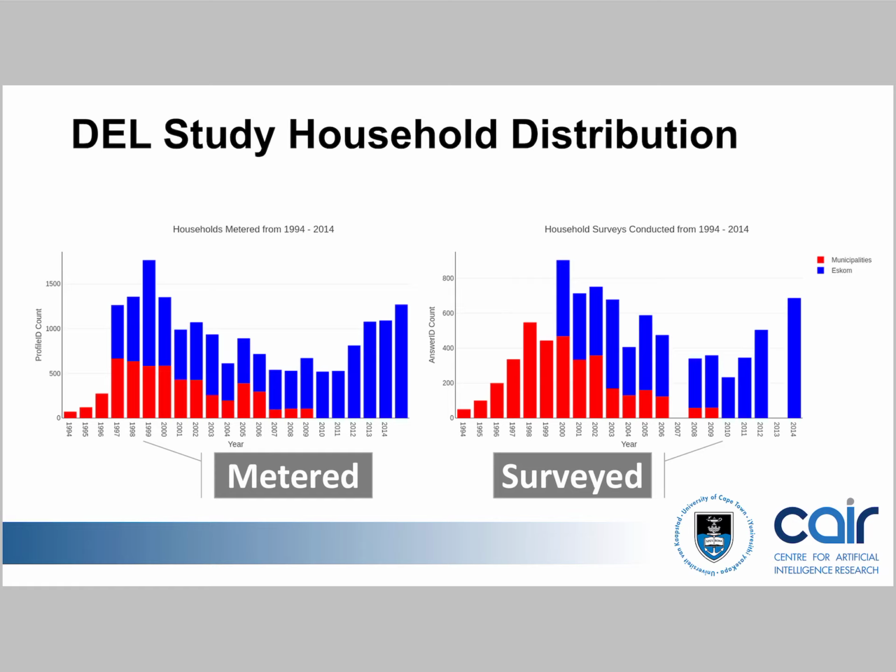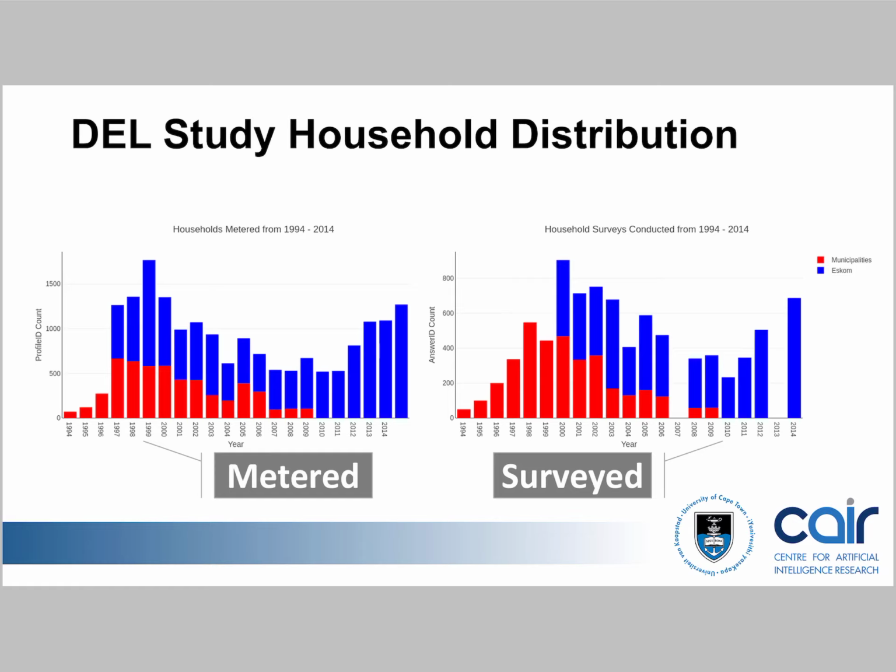So the data was collected primarily by municipalities and by Eskom, and it was collected in 2 forms. The study connected a household to a data logger that collected the actual energy consumption, so the current, voltage and power information of that household over a 1-year time span.